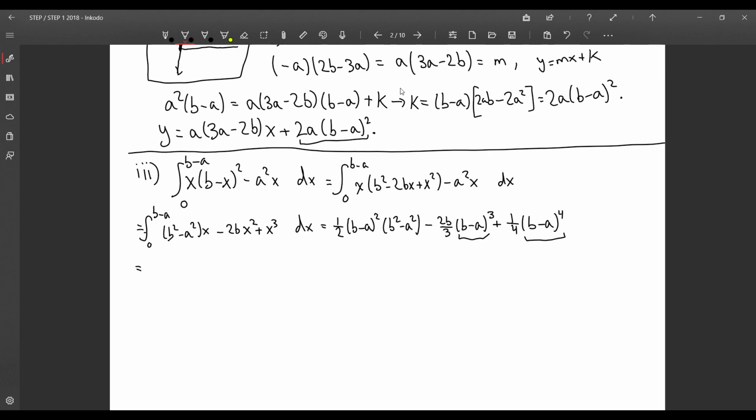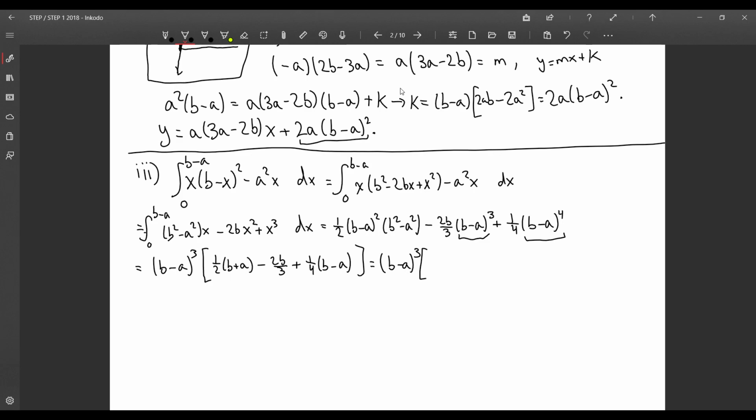So let's take out that b minus a cubed, and let's see what we get. We get 1/2 of b plus a, minus 2b over 3, plus 1/4 of b minus a. So this is b minus a cubed.